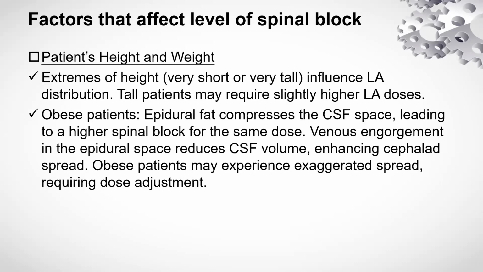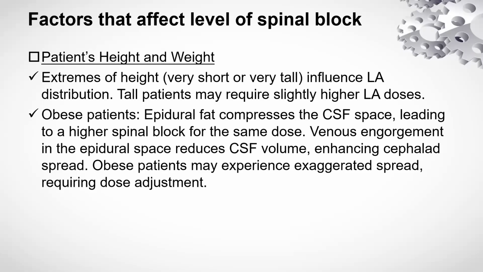Patient characteristics like height and weight, extremes of height, the very short and the very tall, can influence the distribution of the local anesthetic agent. Patients who are tall may require slightly higher doses of local anesthetic agent.